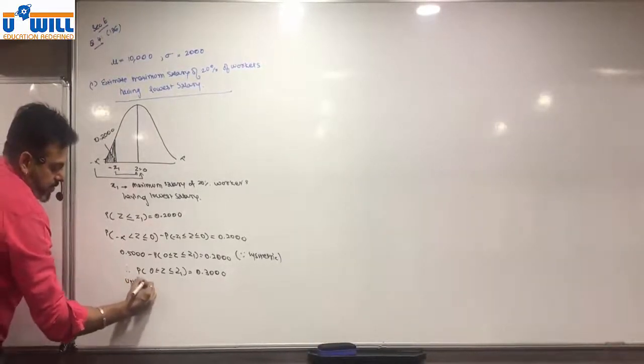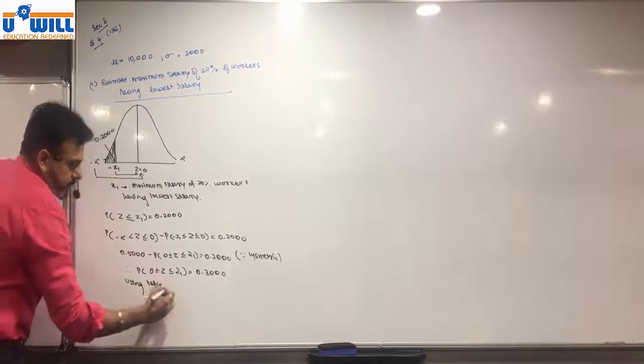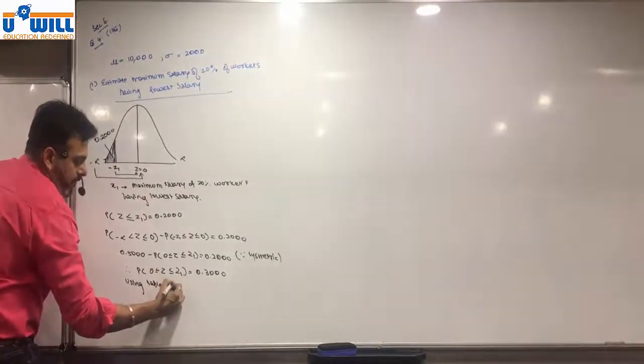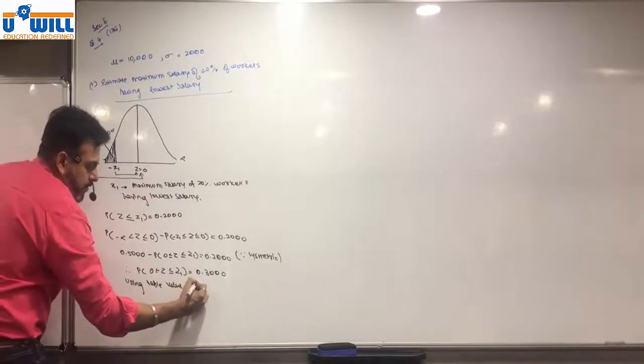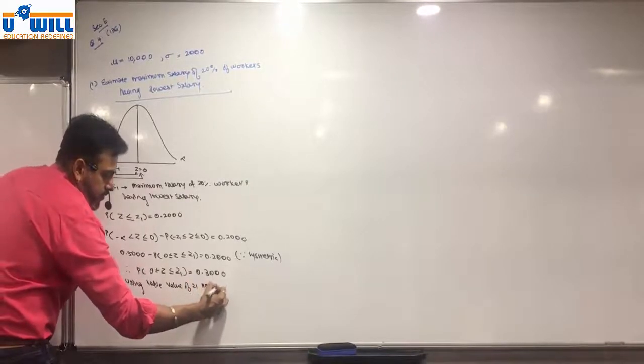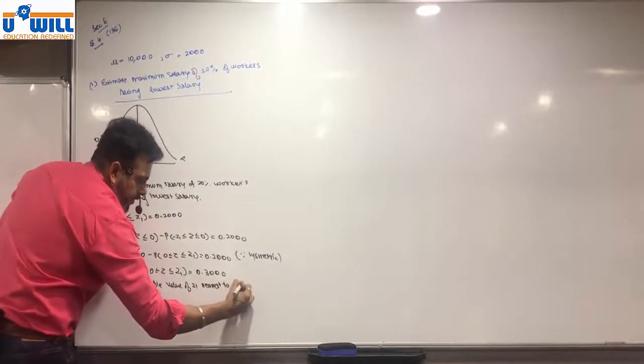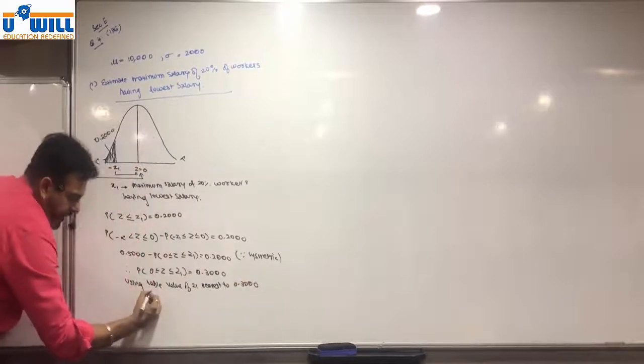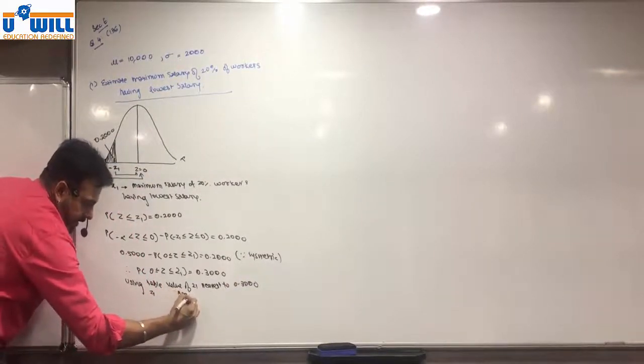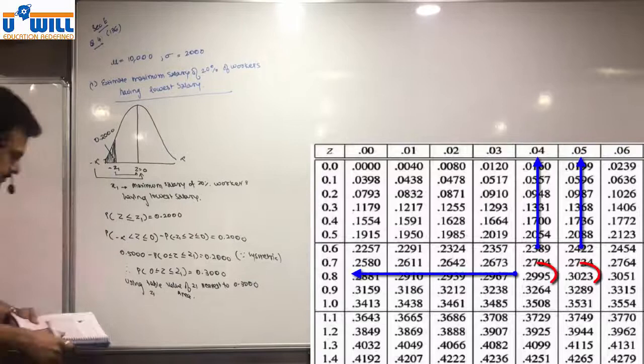Using table, value of Z1 nearest to 0.3000. So we write Z1 and we write the area.